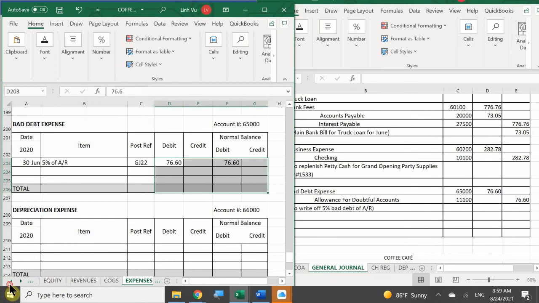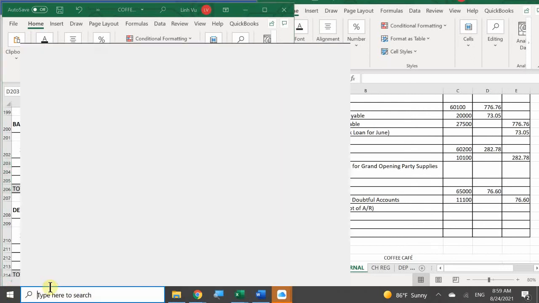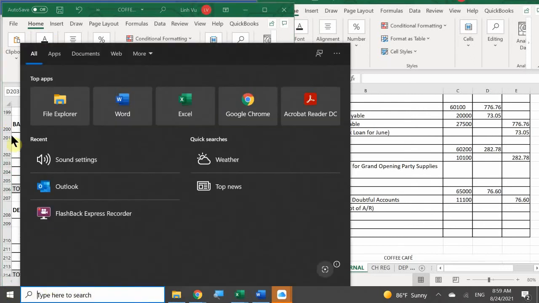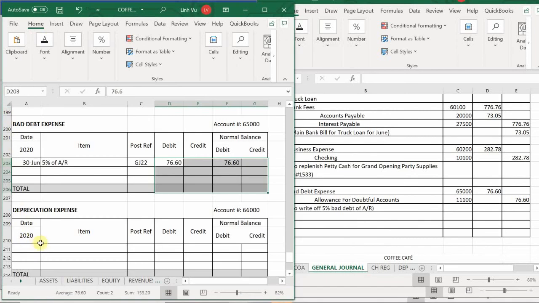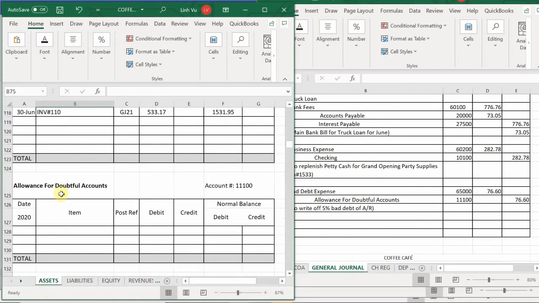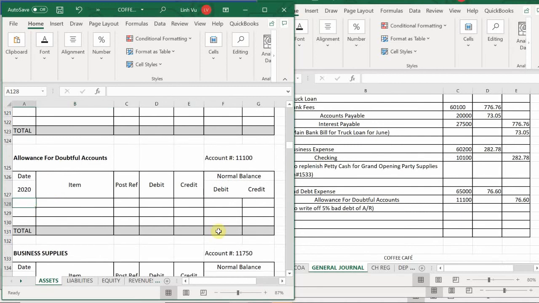And then we're going to go to our assets because we need to adjust our account for the allowance for doubtful accounts, right? Contra account right here. 5% of accounts receivable. General Journal 22, and this time we're going to credit the account for 76.60.